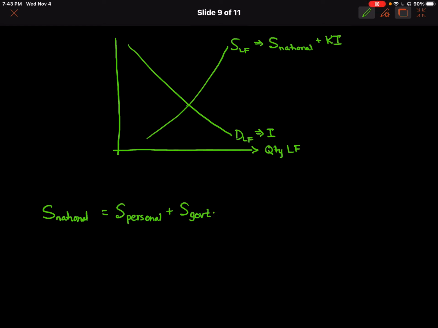So what we talked about in that earlier discussion was the idea that if we have more expansionary fiscal policy, we could see a crowding out of consumption, of investment, and of net exports.